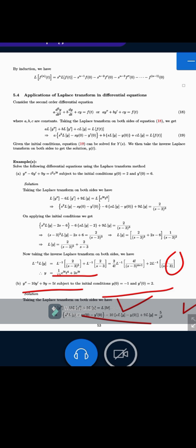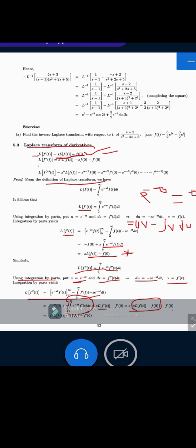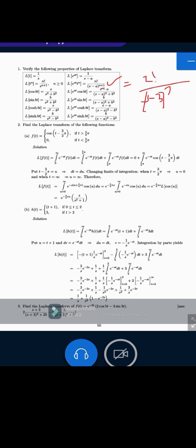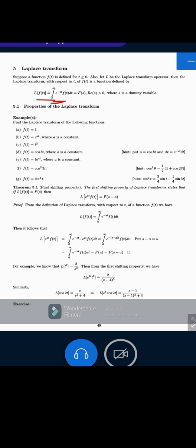That is from that transformation, because in the Laplace transform of 5t, 5 is a constant. So if you look at the Laplace transform of t from this table, we know that for t the power n will be 1.